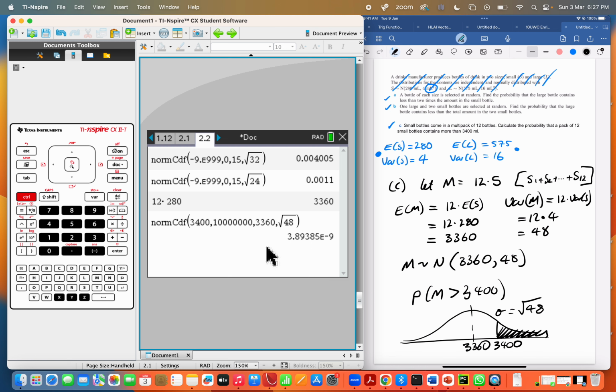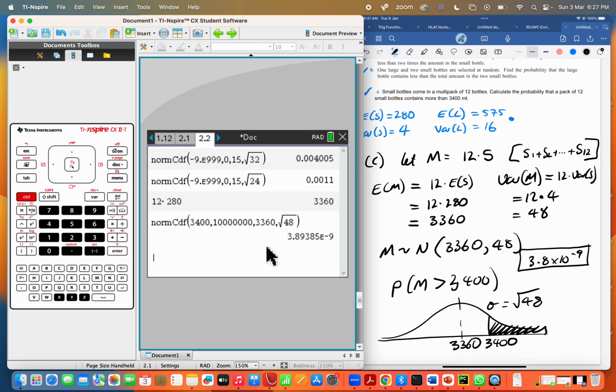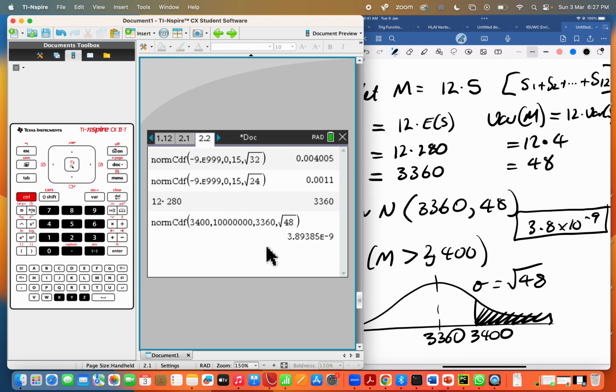Now, if we just think about why that is, this is 3.8 times 10 to the negative 9, so this is an almost impossibility. And there is a reason for that, of course, because the numbers we've chosen are quite interesting. So if we think about the square root of 48, this is approximately 7, right? 7 7's are 49, approximately 7. Now we know the properties of the normal distribution. Within one standard deviation, so 3,360 plus 7, that would be 3,367.